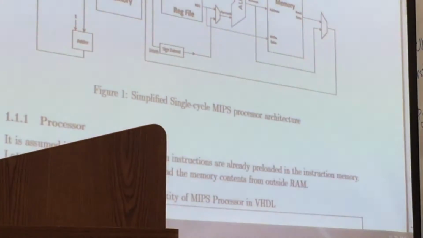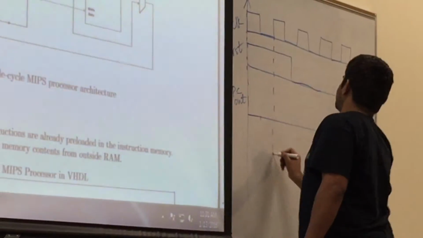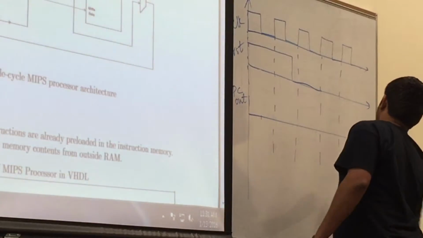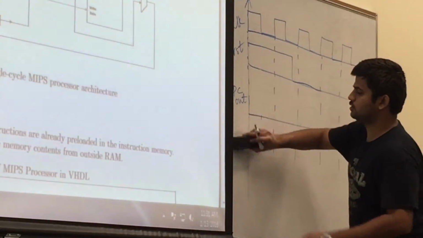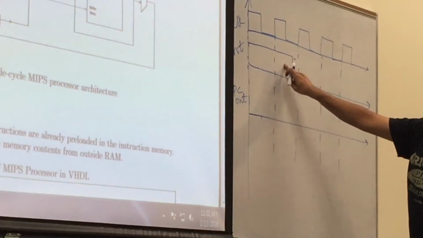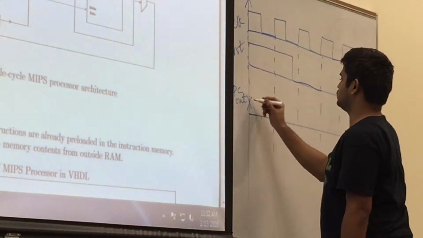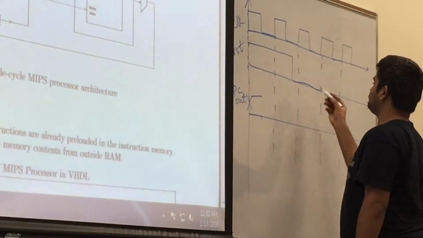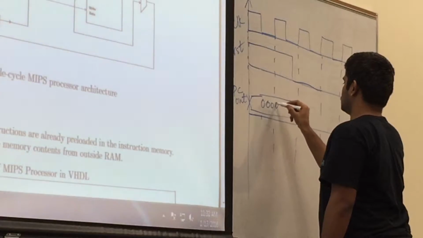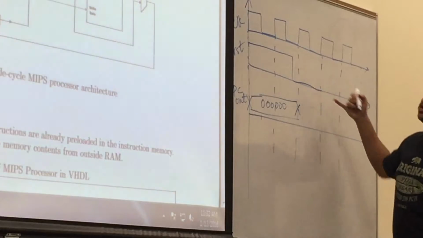So let's consider the positive clock edge. Initially, as reset is high, you'll get PC out as all zeros, until this point. At this positive clock edge, reset goes low.